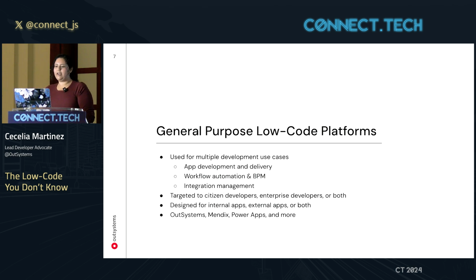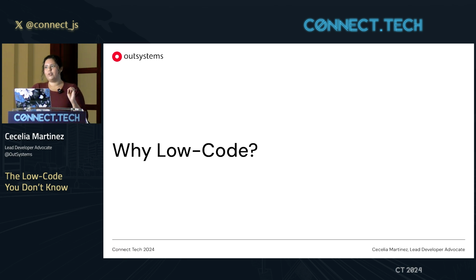However, we are seeing increasingly more of these general purpose low-code platforms. Some more examples would be things like Retool and AppSmith, and typically those are designed for developers building external applications and using a mix of code and low code. Because again, this is low code, right? It's not no code. And we're going to talk a little bit about what those differences are.